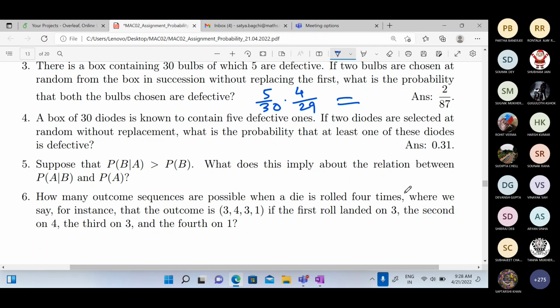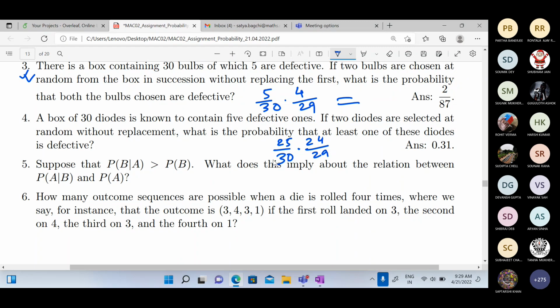Just like the previous one, when we try to solve this number 3, when it is at least, generally we try to take 1 minus something. Suppose we draw 2 diodes randomly without replacement, and all are non-defective. The first non-defective probability is 25 by 30, and the second non-defective probability is 24 by 29.